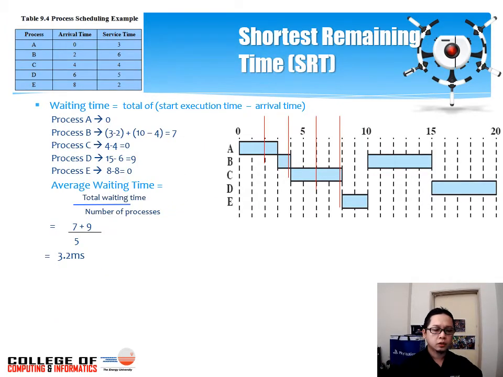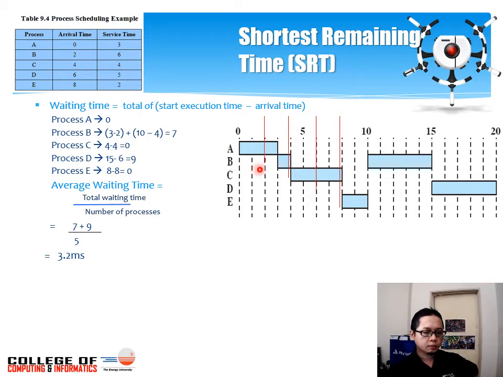In terms of execution, we need to look at how it does the comparison. In this example, for the preemptive method, it makes the comparison each time after a slice of execution has been done. So let's say again, A executes for the first time. Up to here, there is no competition because no other process has arrived yet. After the second execution, B arrived.